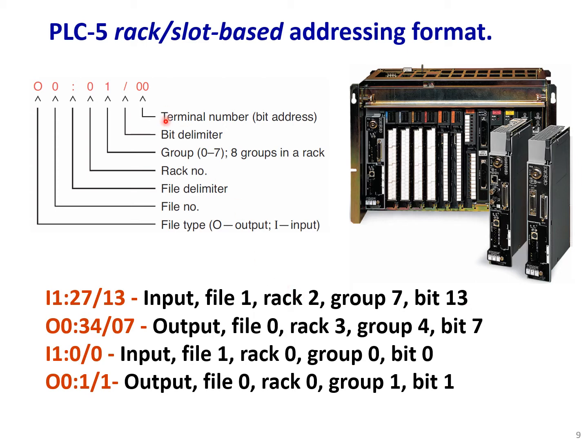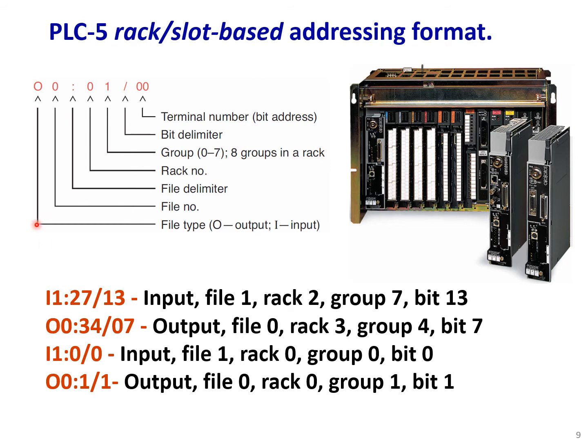So here we have the file type, output or input. We have a file number, in this case 1. We have the delimiter, which is this, then rack number, group number, and finally the terminal number. And these are different other examples here.